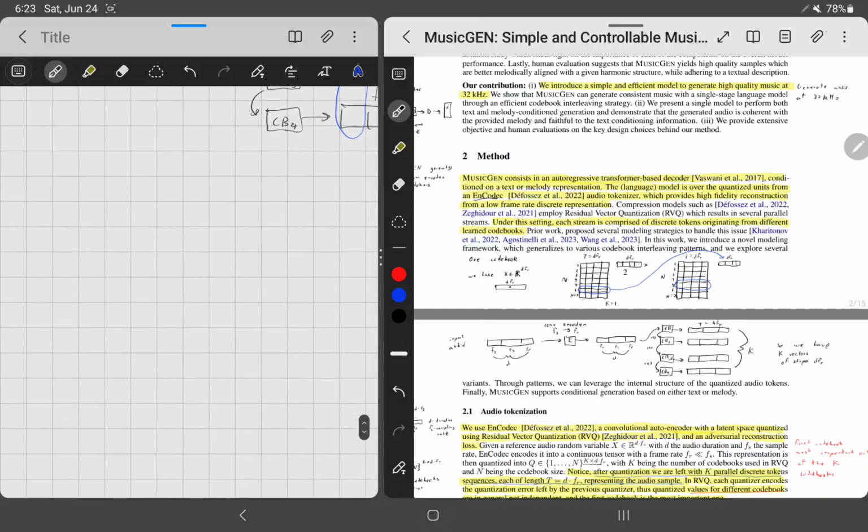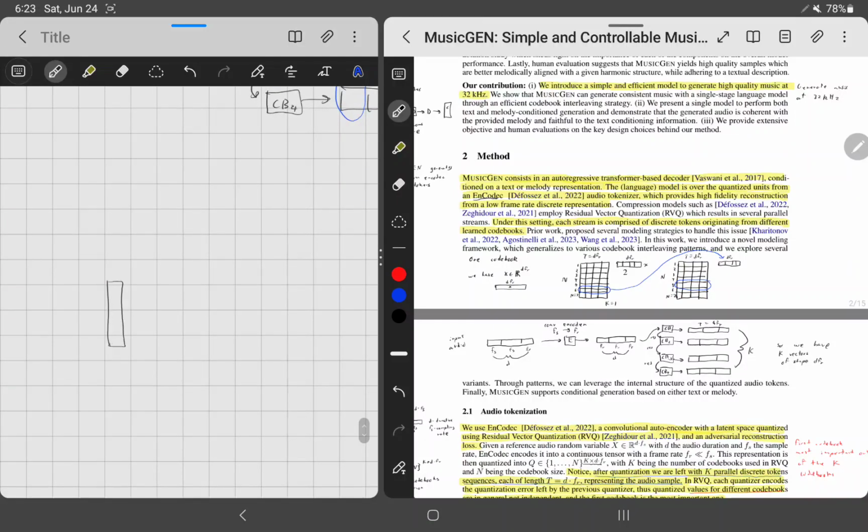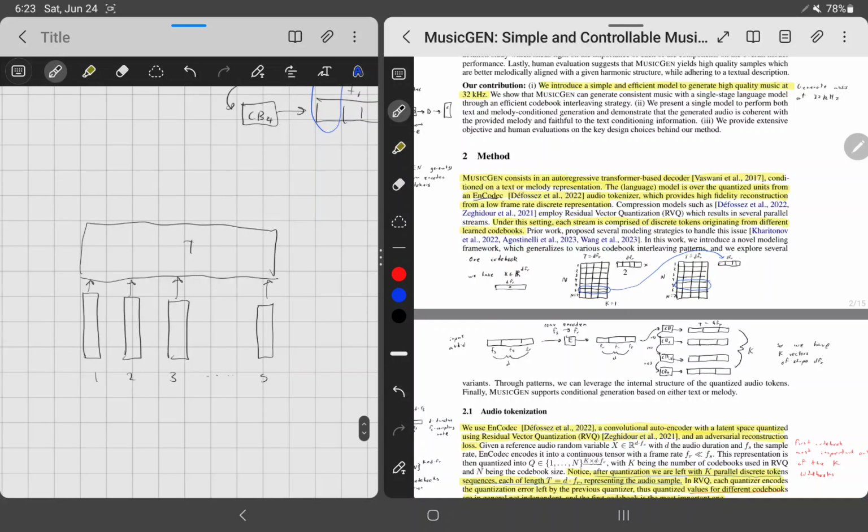So we have this encoded representation of our audio, and the goal is to take our token representation, where tokens are 1, 2, 3, all the way to f sub r, or I guess 1, 2, 3, s, and put this through a transformer and have it output tokens, with a normal autoregressive training strategy. It'll output tokens, and then we use this to predict the next token in the sequence.